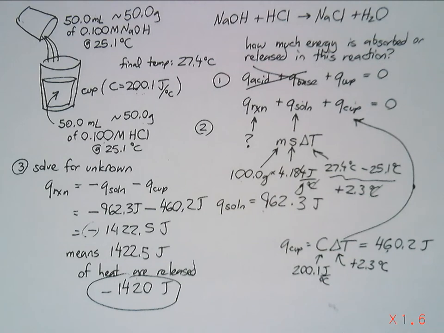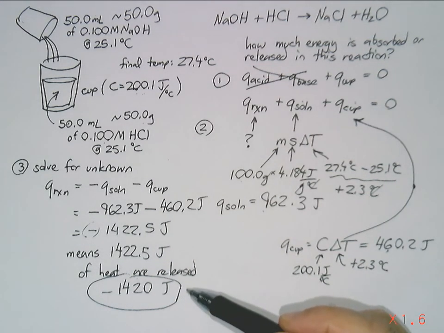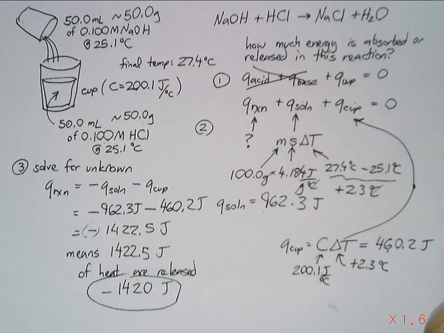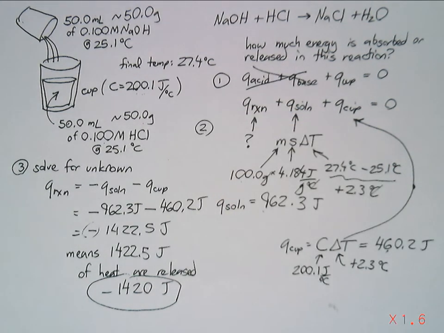But there is another piece, and it has to do with the Q reaction here. Is this the best way for us to report the amount of heat that this reaction produces? Well, what if I changed the amount of base and the amount of acid that I had? If I had more acid and more base both, I'd be producing more heat, and this number could go up and down with the amount of reactant that I had.